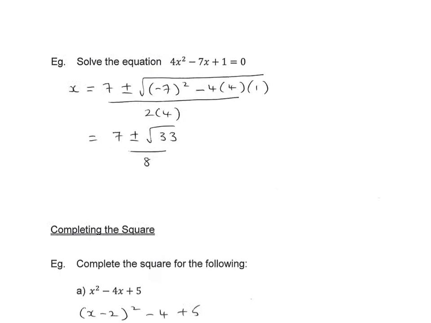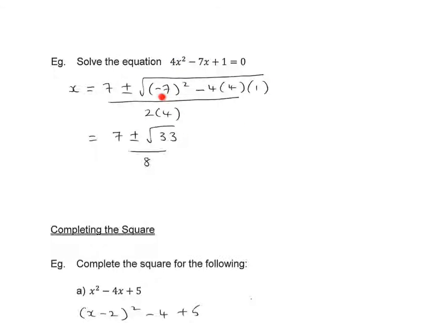Okay, similar sort of a question then. Using the quadratic formula to solve this quadratic equation, A is 4, B is minus 7, C is 1. Substituting those values into the quadratic formula then, we get this.